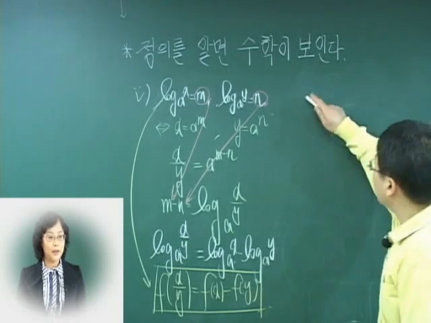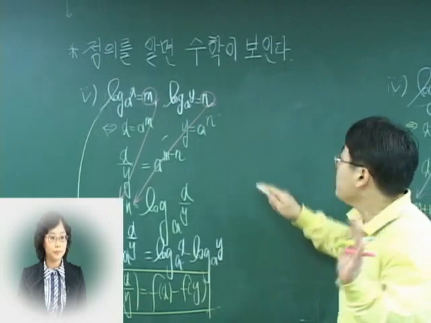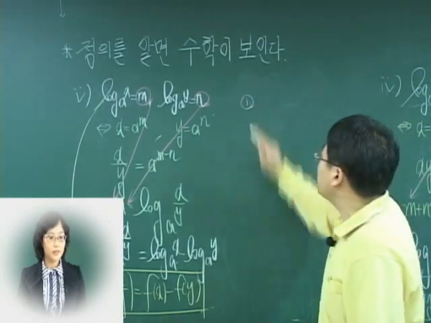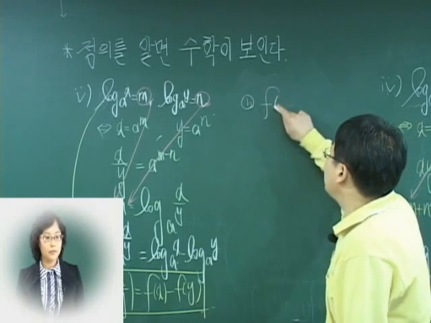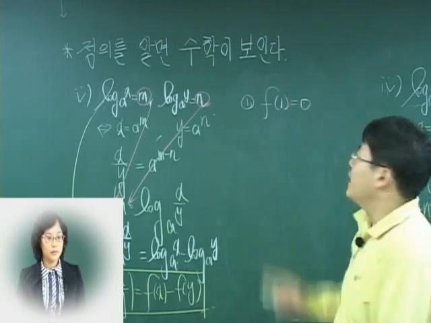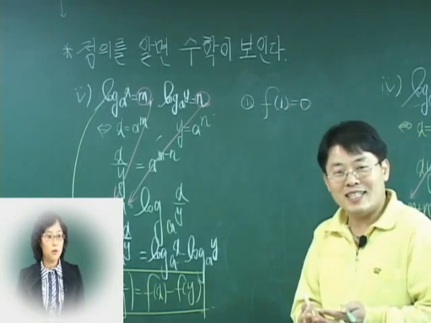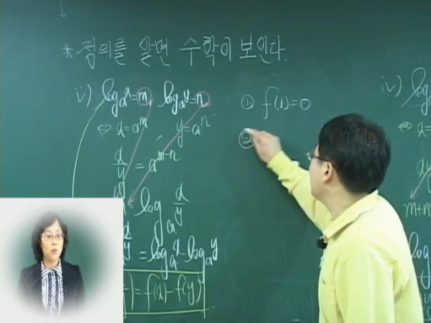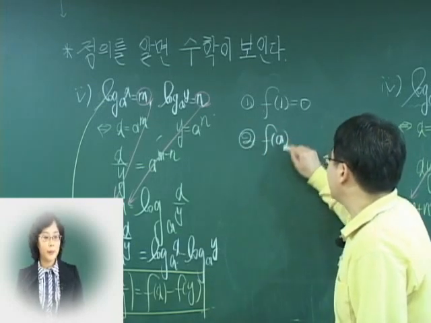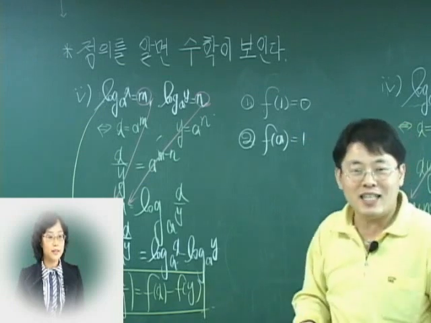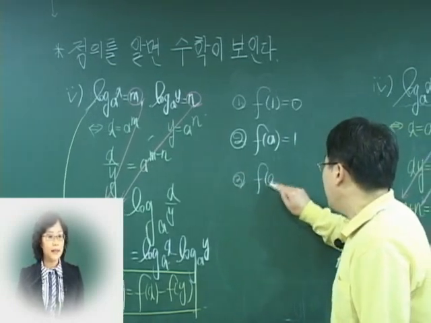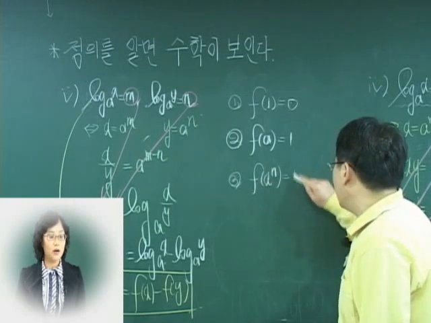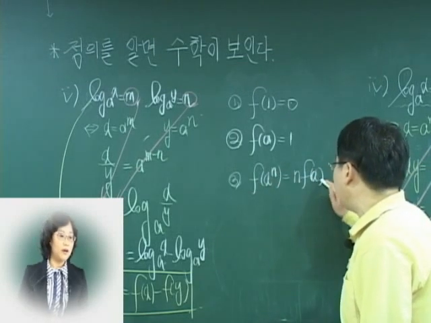Just write the properties. The first one: f of 1 equals 0. The second one is f of a equals 1. And the third one is f of x to the nth power becomes n f of x.